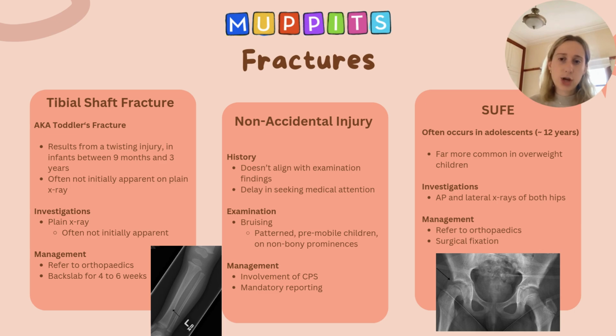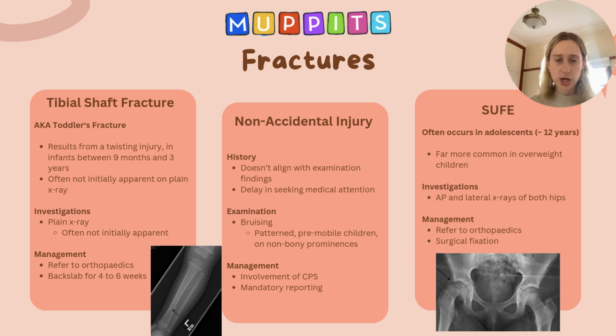So if the child, for example, is referred for an x-ray from the GP or in ED, there might not be any sign of this fracture on initial x-ray. Management of a tibial shaft fracture usually involves referring to orthopedics and a back slab cast for 4 to 6 weeks.